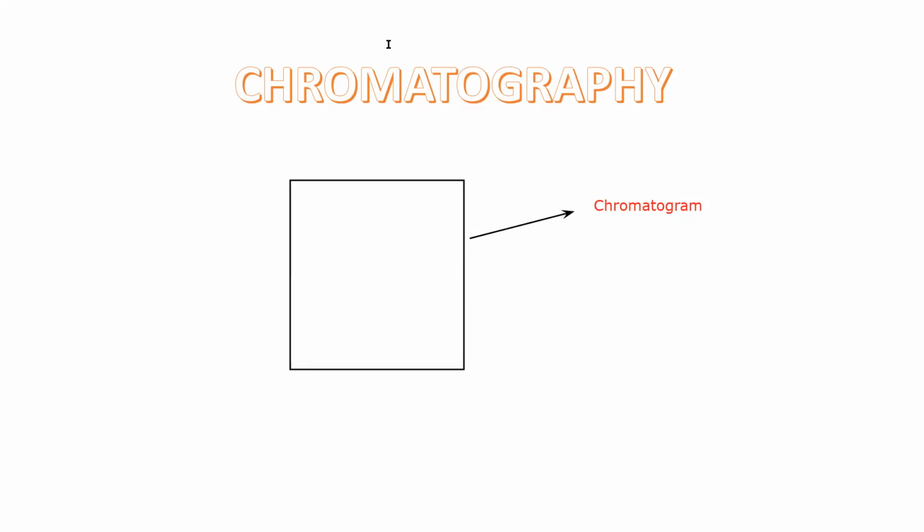Then we'll take a container, and before taking the container, we will draw a line with a pencil at the bottom, and that line is known as the baseline or origin.